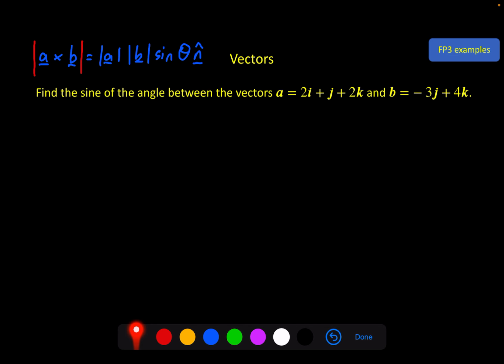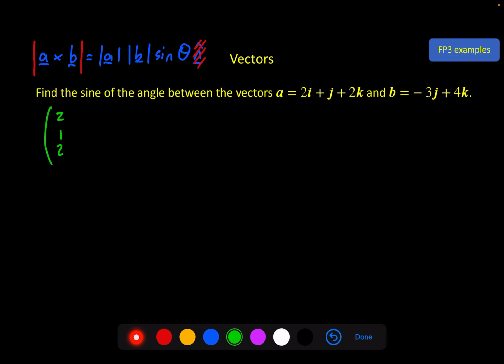So doing the magnitude of the left-hand side is effectively getting rid of the vector element on the right-hand side. So this is going to be useful in this question because I want to know sine theta, not the whole vector. So to do this, same as before, we're going to need to find A cross B.